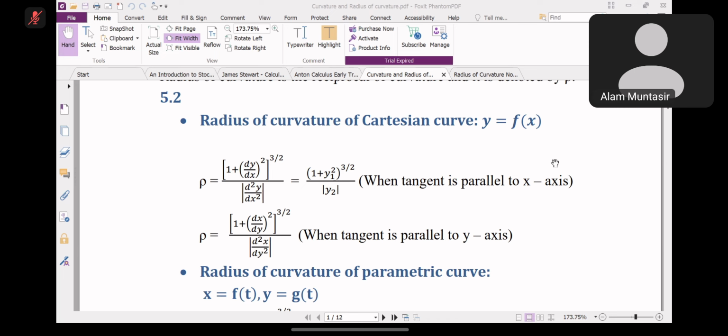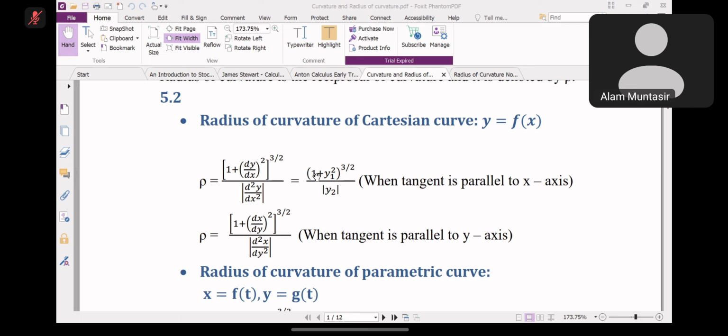If the given curve is represented in Cartesian form, then the required formula is rho equal to (1 plus (dy by dx) whole square) whole to the power 3 by 2 divided by the absolute value of the second derivative, that means absolute value of d square y by dx square.